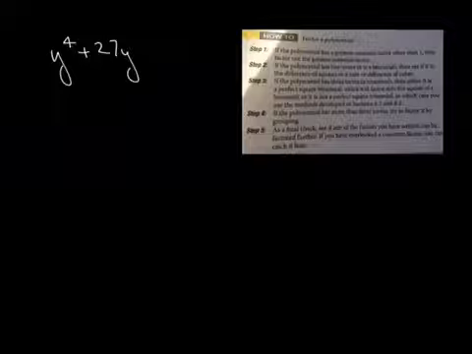Example 3. That is asking me to factor y to the 4th plus 27y. Alright, so now we look and see what's common, if there is anything. We always do step 1 first, and I can factor out a y.